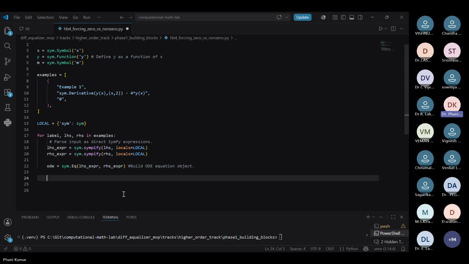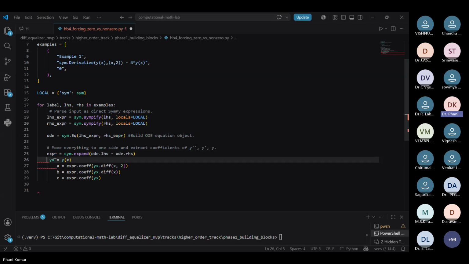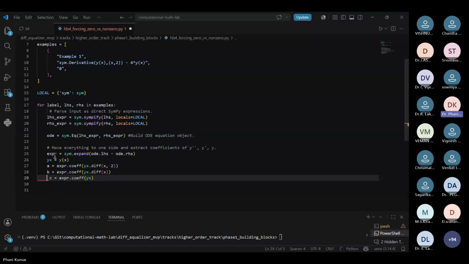What is this? This is mainly our differential equation, right? That differential equation is stored in ODE. So up to now, whatever we are expressing here, that means d square y by dx square minus 4y equals 0, whatever we enter as a user, the program takes it as a differential equation. For that, we write this for loop, right?